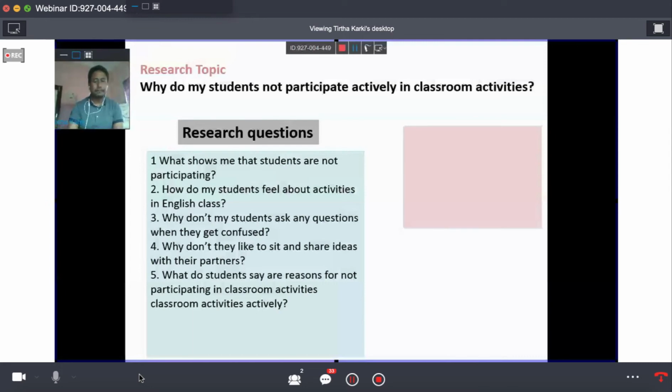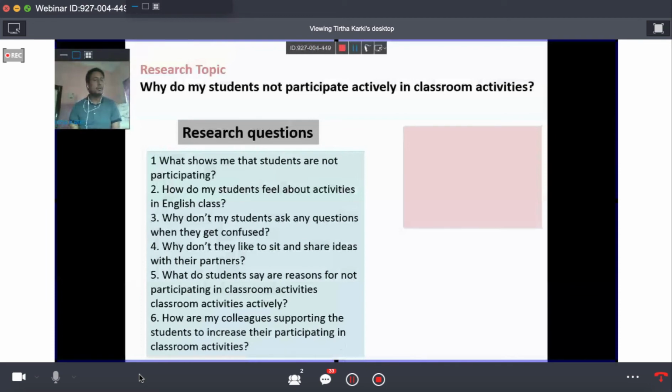And finally, he was also interested to explore how other teachers, his colleagues, are working to resolve or improve this situation. So these 5 exploratory research questions, Sargent framed, and later on, keeping these questions in mind, he started to collect data.